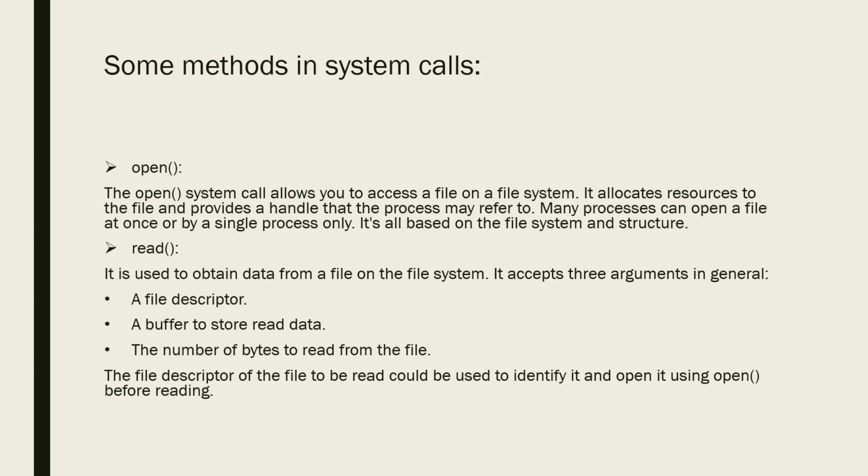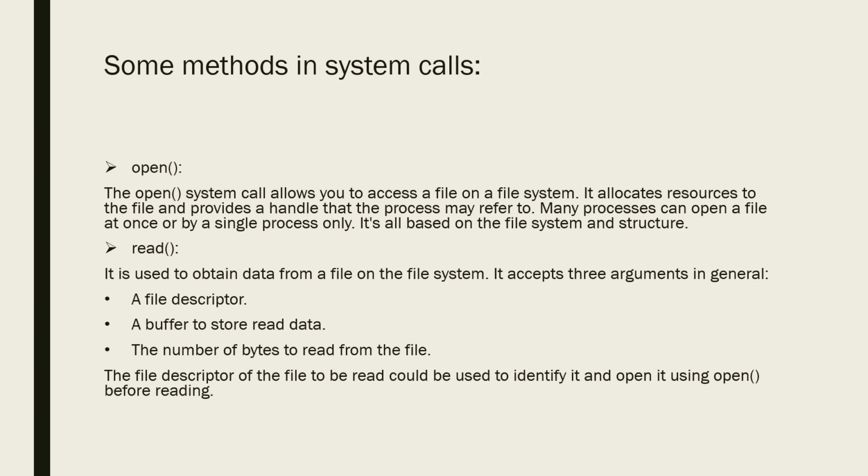The next method is read. The read method is used to obtain data from a file on the file system. A program that needs to access data from a file stored in a file system uses the read system call. The file is identified by a file descriptor that is normally obtained from a previous call to open.